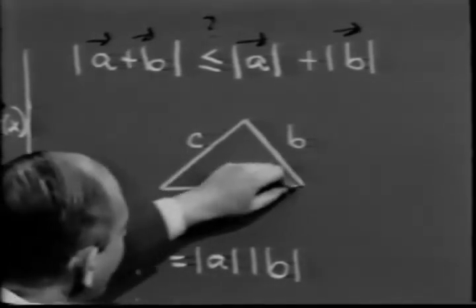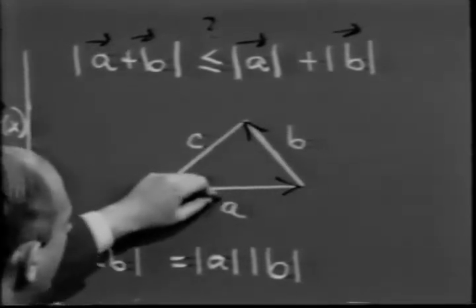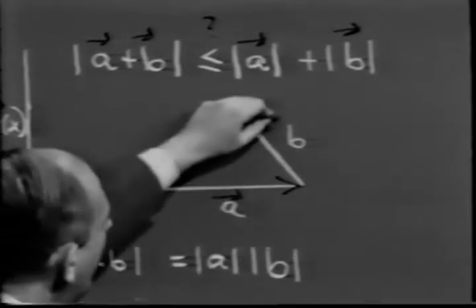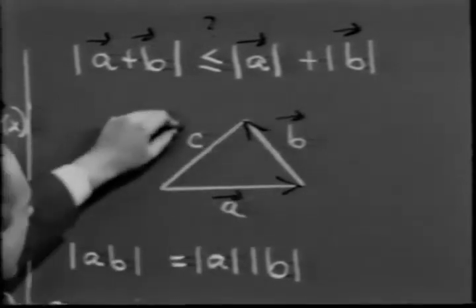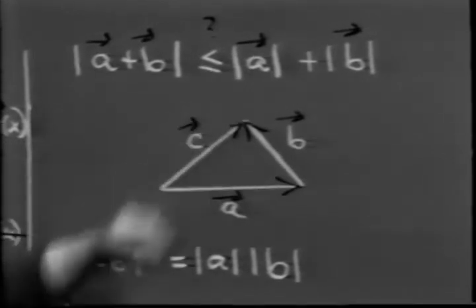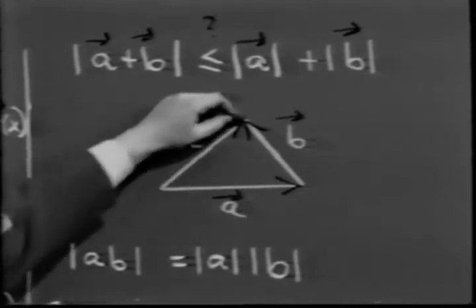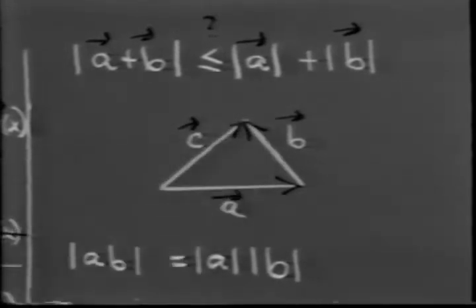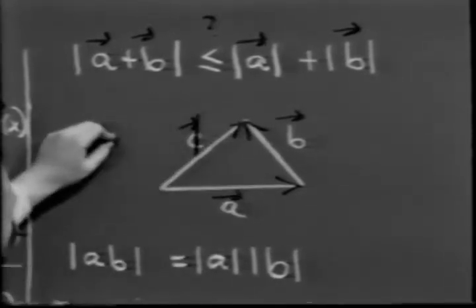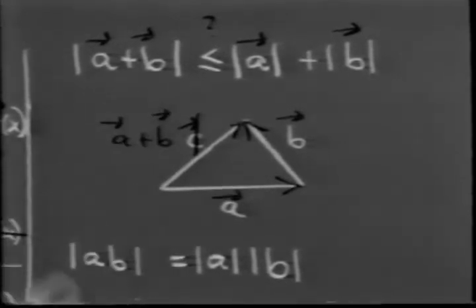Let me vectorize this and show you something very cute. If I put arrows here, this becomes the vector A, this becomes the vector B, this becomes the vector C. In terms of our definition of vector addition, C goes from the tail of A to the head of B. A and B are lined up properly for addition, so this is the vector A plus B.